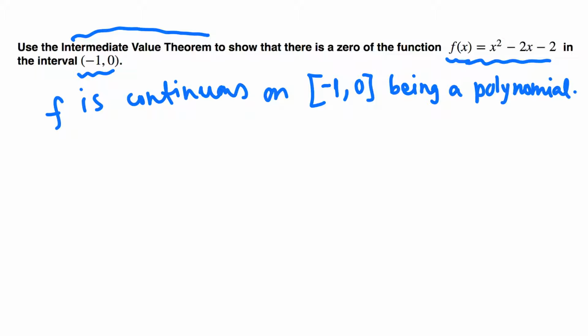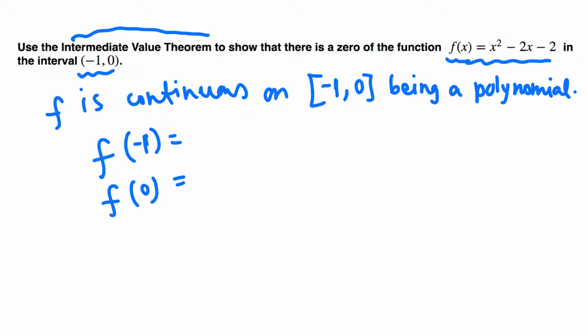Now to find a zero, where it passes through the x-axis, it intersects the x-axis, we need to evaluate the function at the endpoints, at -1 and at 0, and one of them should be a positive value and the other should be negative.